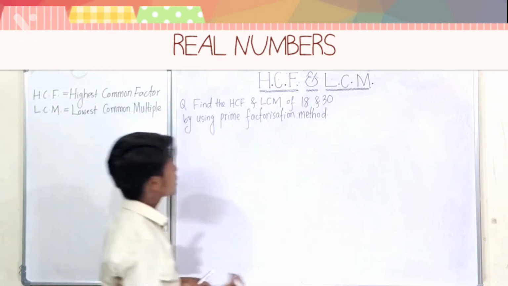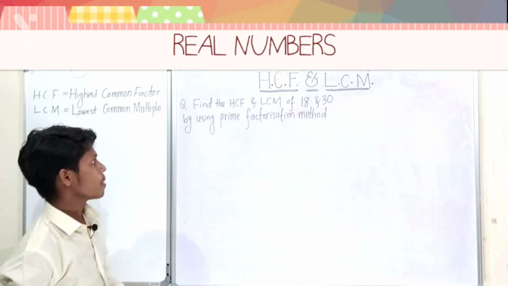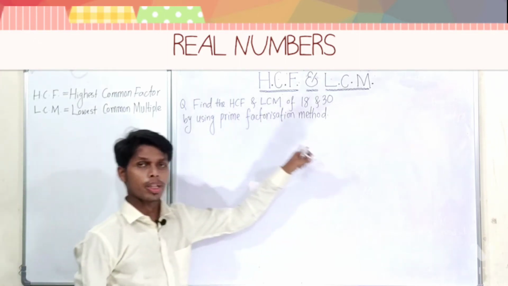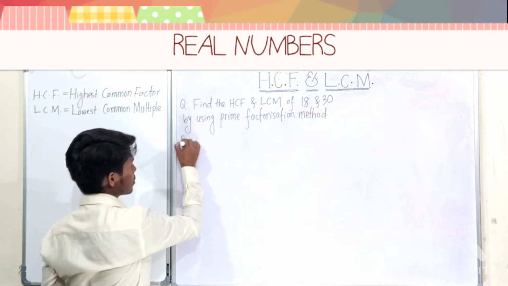Okay, the question would be like this: find the HCF and LCM of two or more numbers given, by using the prime factorization method. So let's see how to solve this.